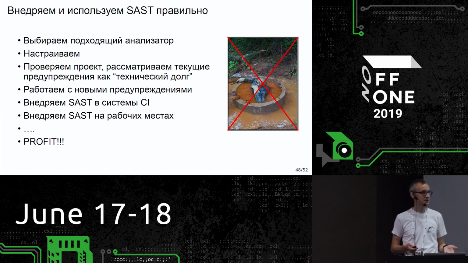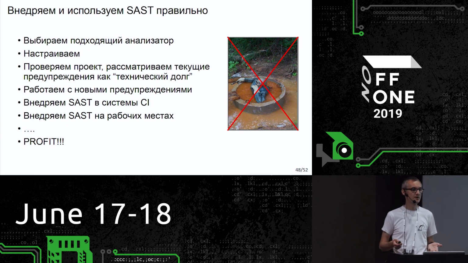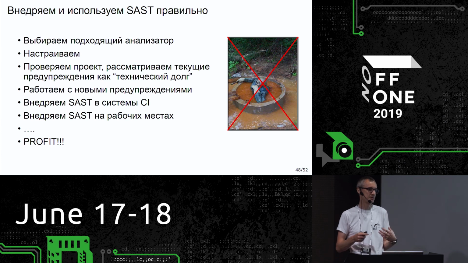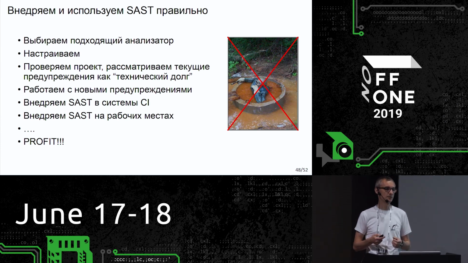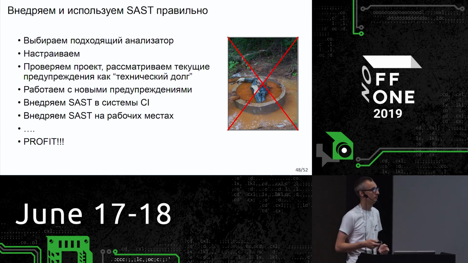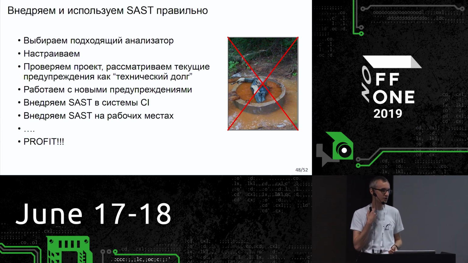So you embed the analyzer into continuous integration on the build server, because you have to have some final point if your coders have missed some mistakes at the assembly server during the night builds. Let the analyzer go through your code again. But the most optimal thing is to use SAST at your workplaces, when a developer has written code, made some mistakes, double-checked it, and corrected it themselves.